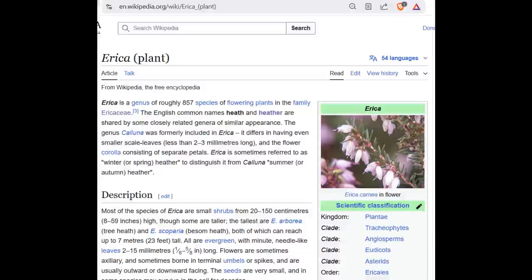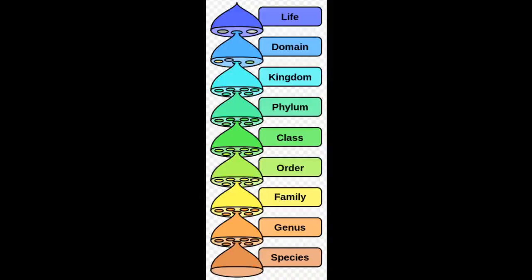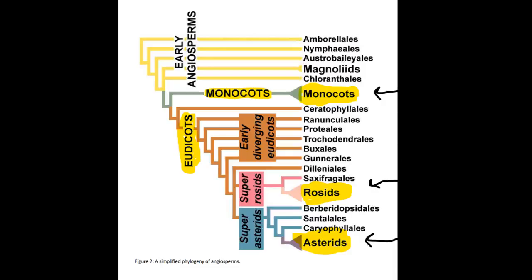Now that brings me to the name Erica. The plant family and order are named after it. The family is called Ericaceae, the heath family, and the order is called Ericales. If you are unfamiliar with the term order or family in plant classification, let me explain. In a previous video, I mentioned the three major plant groups, monocots, rosids, and asterids.